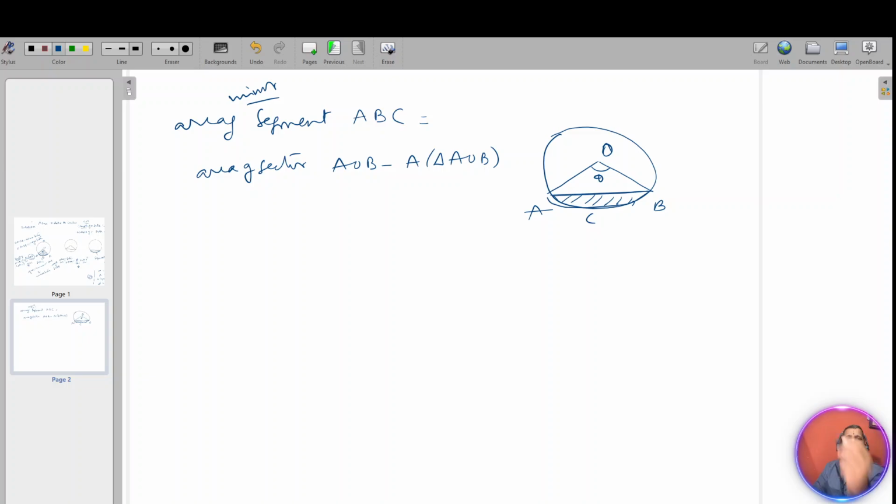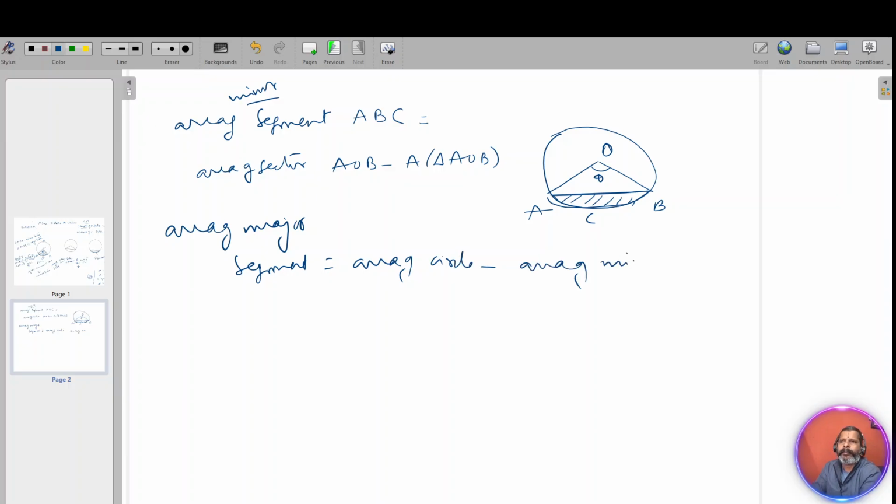So this is area of minor segment. What is area of major segment? When you have minor segment, major segment area is nothing but circle area minus minor segment area. That is, area of major segment is equal to area of circle minus area of minor segment.